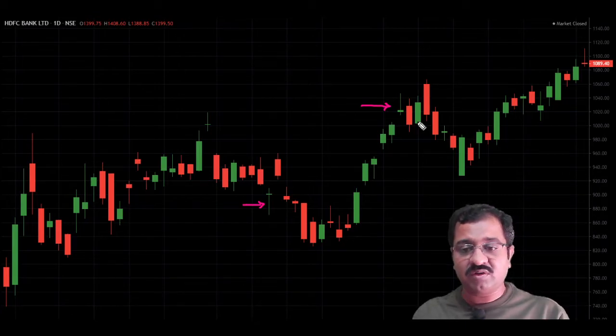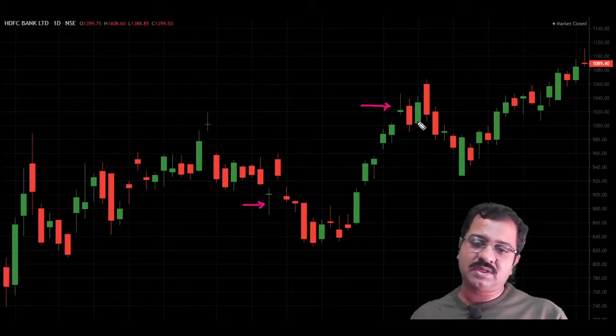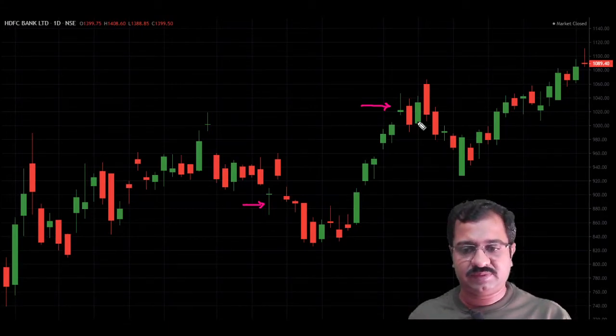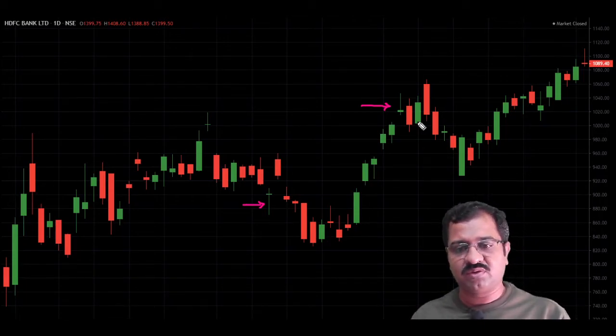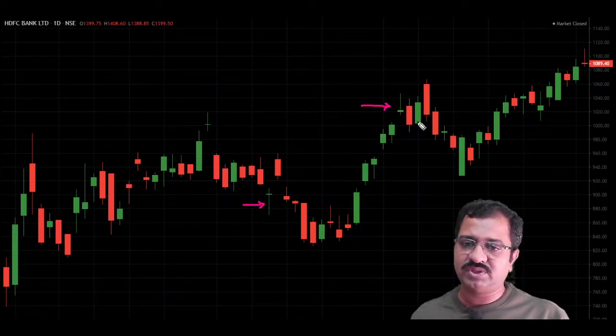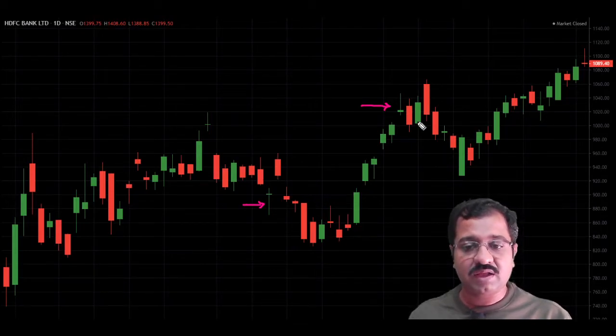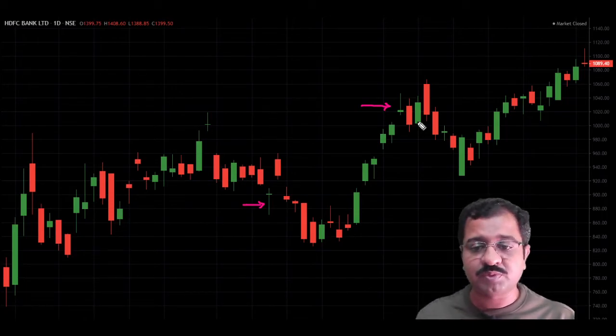See, there may not be a reversal immediately in that case, but you should be cautious that now buyers are coming into play. If the same candle, a gravestone doji, forms when prices are going down, then you should be cautious that there can be a reversal, because buyers have come in and tried to push the price up.